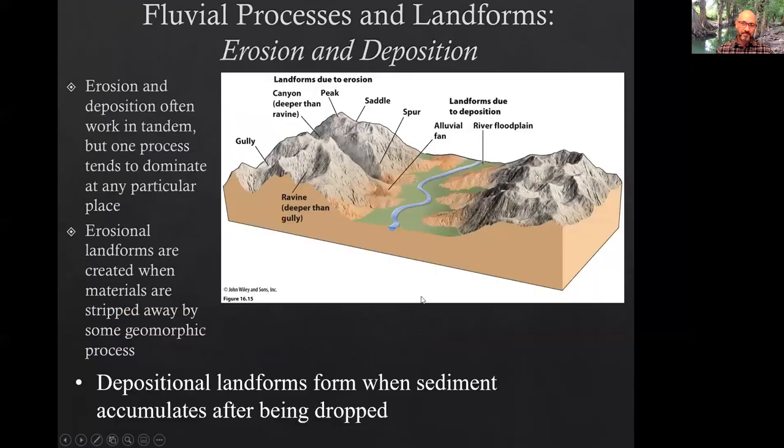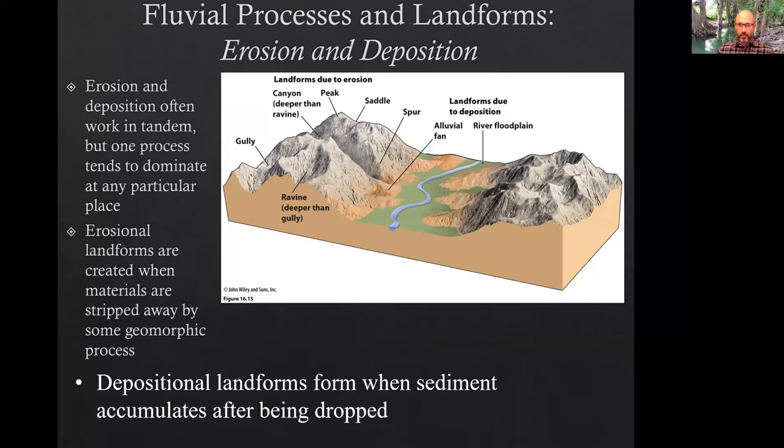So looking at erosion and deposition, they typically work in tandem, but in any given location on Earth, one of the two processes is dominating the environment. There's either more erosion going on or more deposition going on.